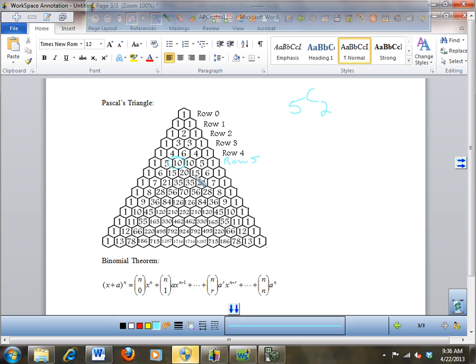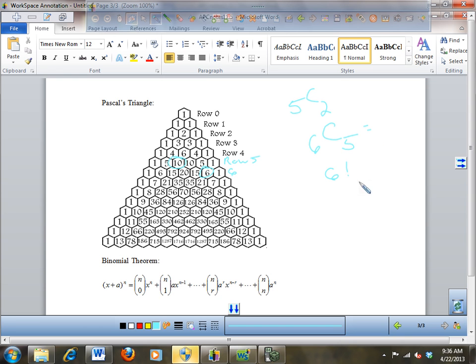Wow. So we can do like 6 combination 5. Let's do 6 combination 5. I go down to the 6th row and over to the 5th column. So this is the 0th column, first column, second column, third, fourth, fifth. Okay, so I'm saying that 6 combination 5 is 6, which it is.